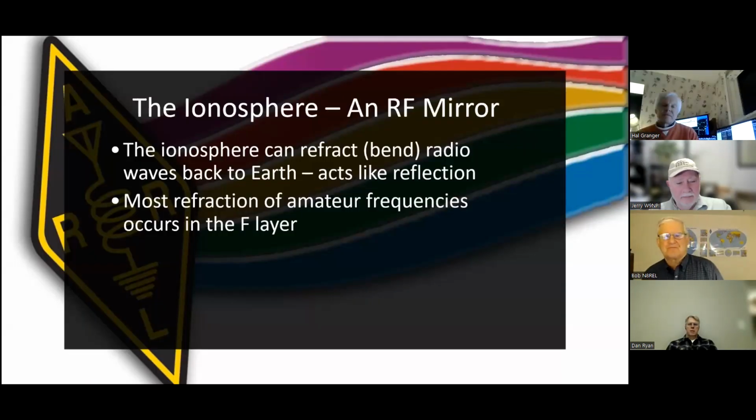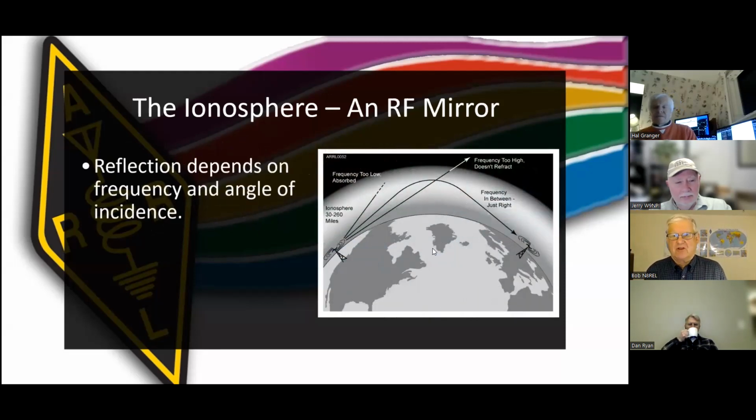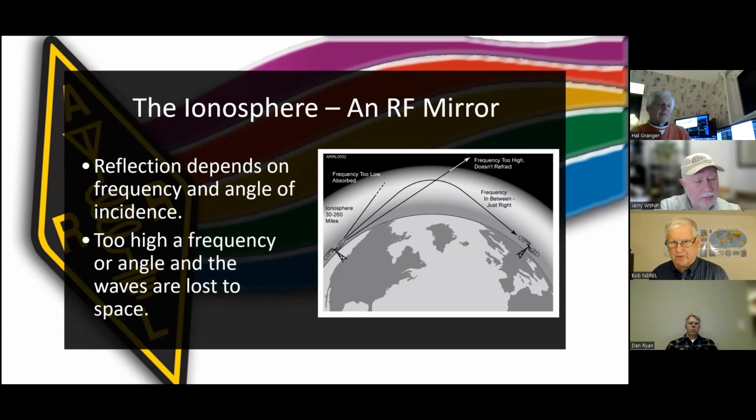All right. The ionosphere is sometimes referred to as an RF, a radio frequency mirror, in that it reflects radio waves back to the Earth. Now, here's an important thing to know: we're starting to talk about maximum usable frequencies and minimum usable frequencies.